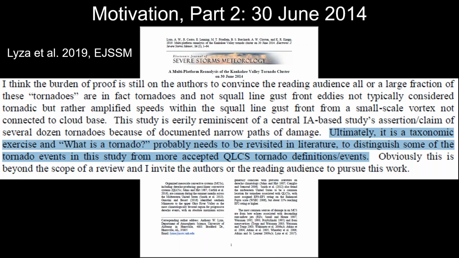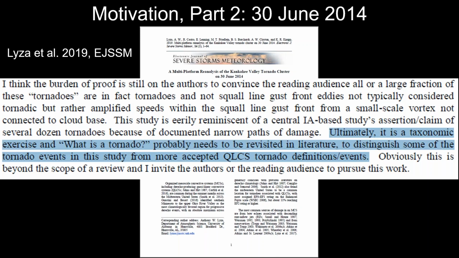identifying or classifying this damage is a taxonomic exercise, and the question of what is a tornado probably needs to be revisited in the literature to distinguish some of the tornado events from this study from quote-unquote more accepted QLCS tornado definitions or events.